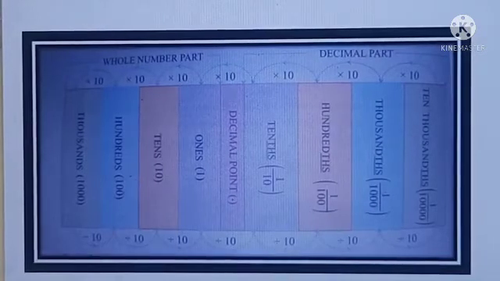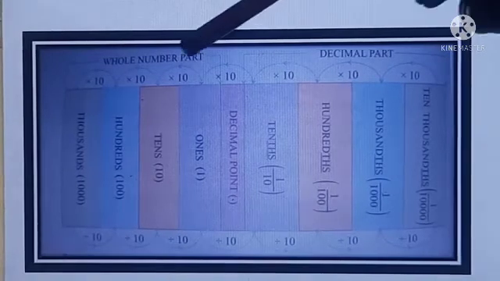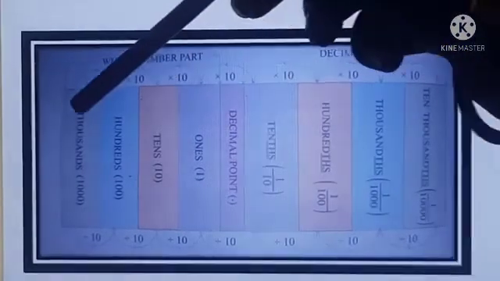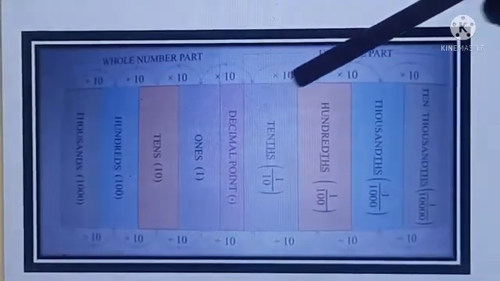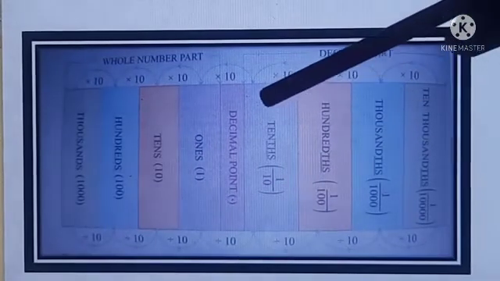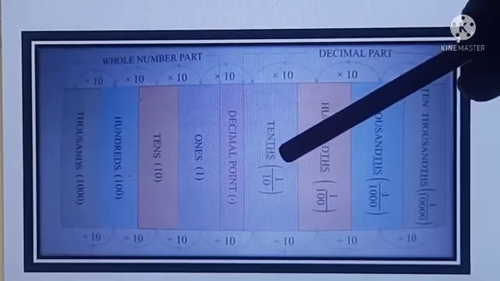So see how we can make this decimal place value chart. You already know the whole number part: ones, tens, hundreds, thousands. Now here is a decimal point, and from here the decimal part starts. After the decimal there is tenths. It is 1 upon 10.